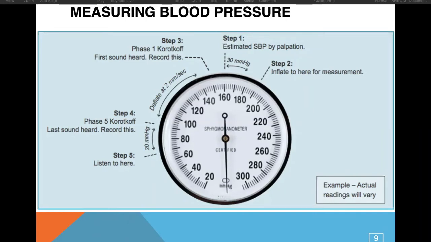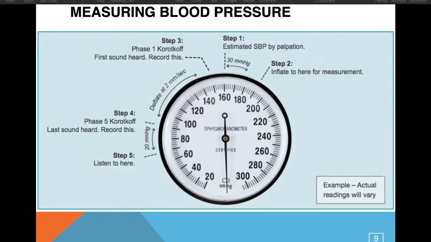Now, if we're taking the blood pressure only by palpation, we're going to have our other hand on the patient's radial pulse. And the first time we feel the pulse, that estimated systolic blood pressure by palpation in step 1 is probably going to be a little bit higher than where we would hear it by auscultation. So as I release that dial, I have my finger on the pulse.